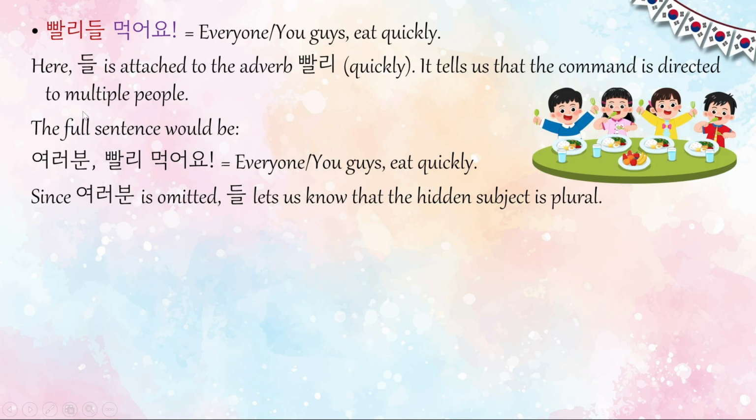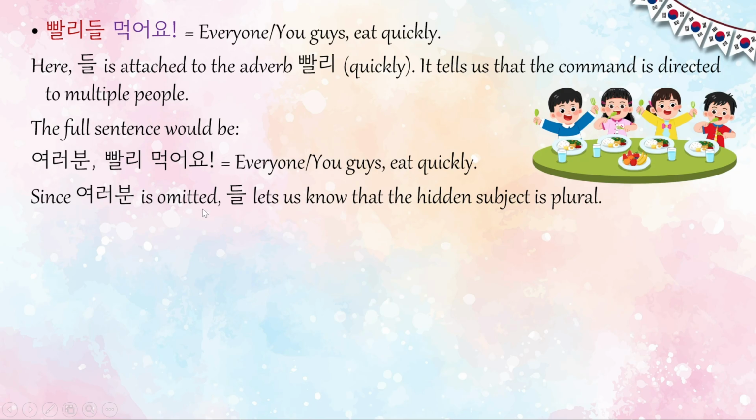So if you want to imagine what the full sentence would be, then it would be something like this. 여러분, 빨리 먹어요. Everyone eat quickly, or you guys eat quickly. The meaning is the same, the English translation is the same. But here I have specifically mentioned the subject.